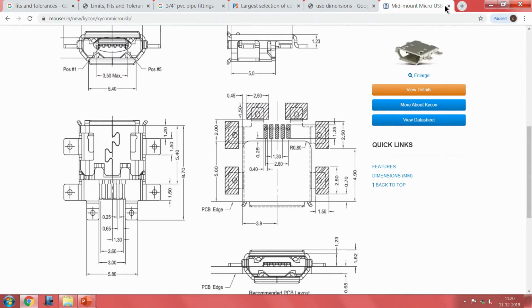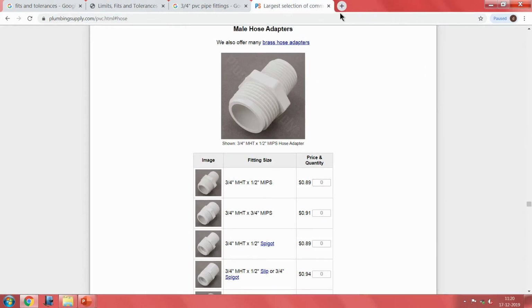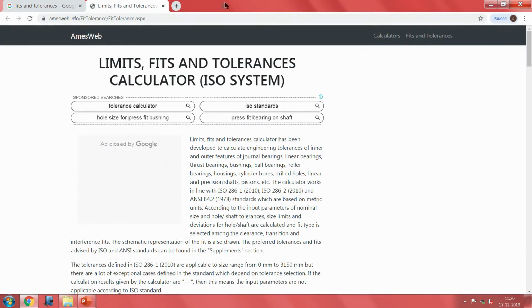We have been able to achieve a state like this mostly because of sticking to limits, fits and tolerances, and right now, depending on whichever area you are working on and the industry you are associated with, there are huge engineering manuals and data books, or handbooks, which specify everything that you need to do.